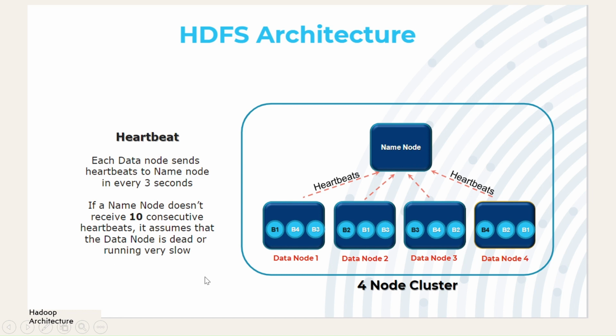So if it is not sending heartbeats properly, the name node understands that this node is either dead or sending very slow heartbeats. The name node will assume that this data node is not alive or is very slow, and then it will manage all the requests from the rest of the available data nodes. This is how the HDFS architecture handles it.